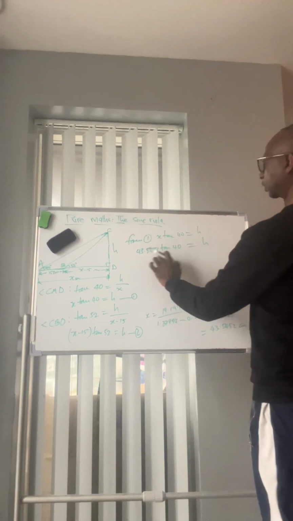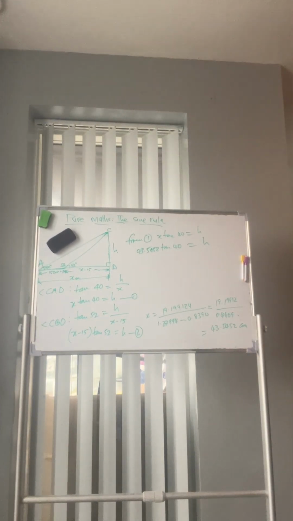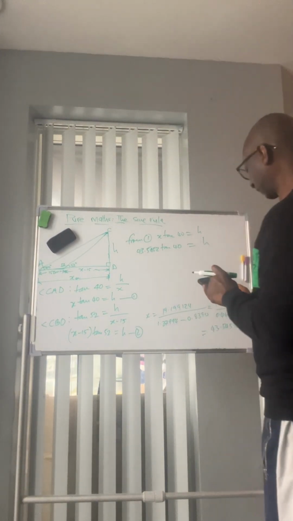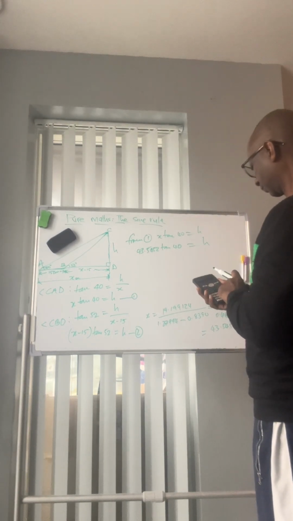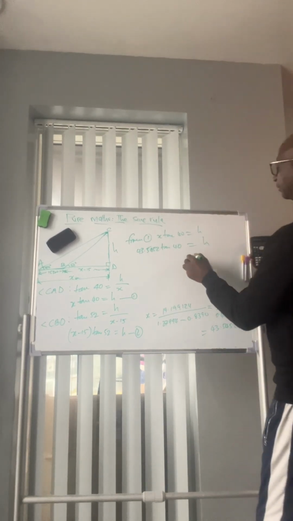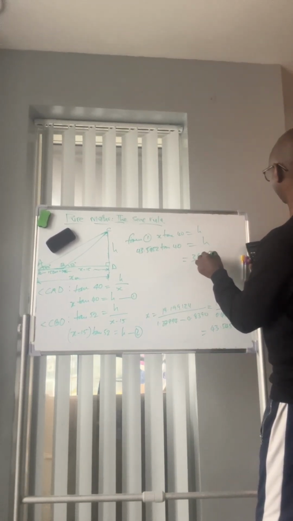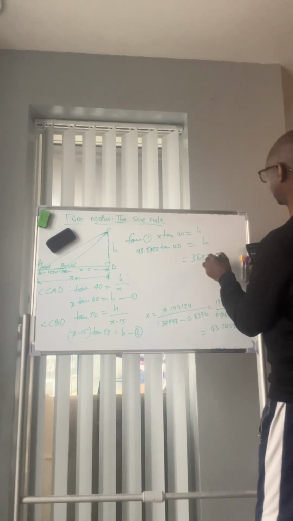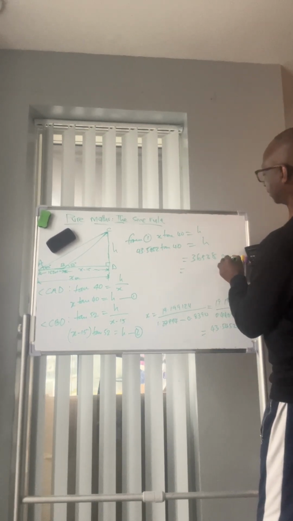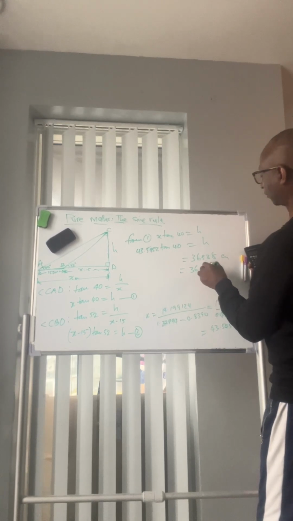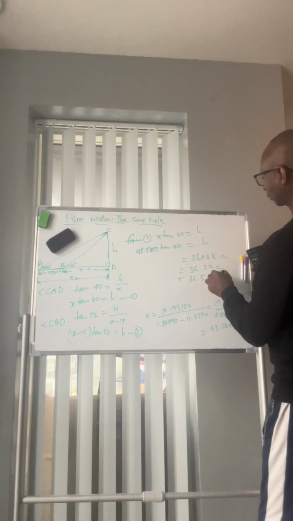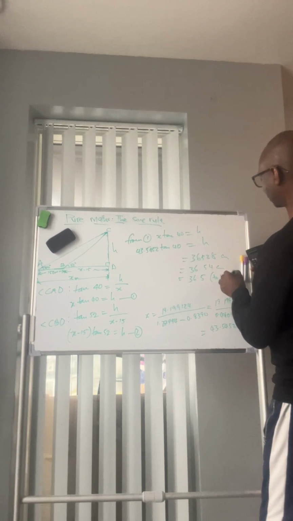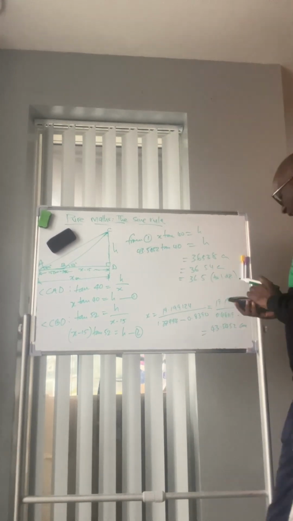So we just evaluate this. 43.5452 times tan 40 is 36.538, which is 36.54, or 36.5 to 1 decimal place, or 3 significant figures.